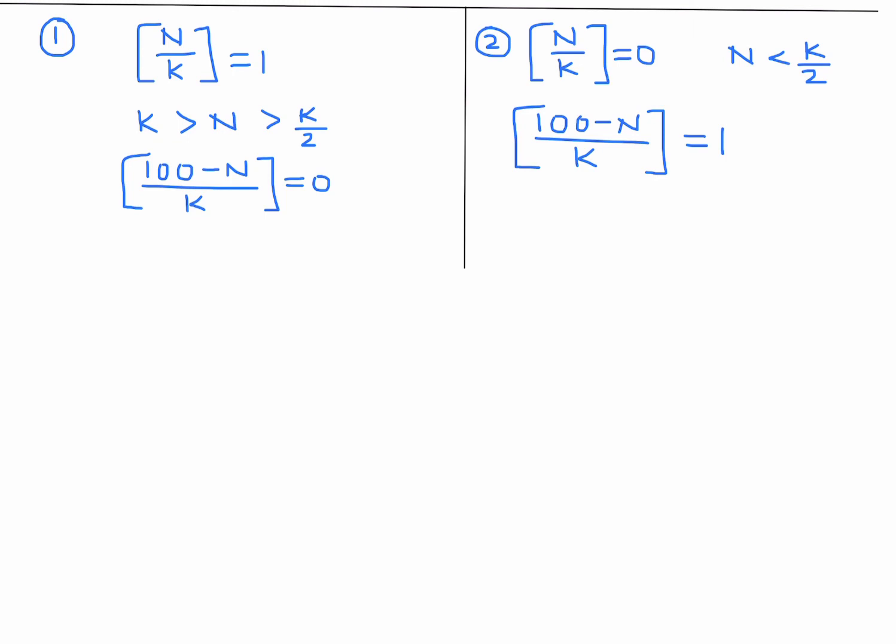If 100 minus n over k is equal to 1, that is true when 100 minus n is greater than k over 2. But 100 is greater than k over 2 plus n.